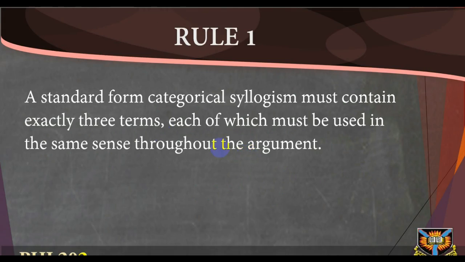Rule 1. A standard form categorical syllogism must contain exactly 3 terms, each of which must be used in the same sense throughout the argument.